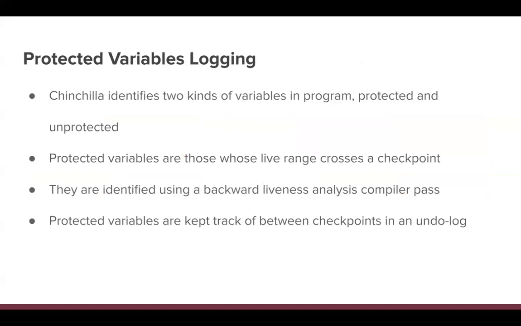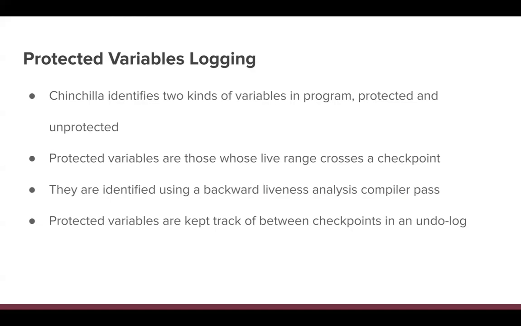Now let's look at what protected variables logging is. Chinchilla identifies two kinds of variables in a program, protected and unprotected. Now, protected variables are those whose live ranges cross a checkpoint. As we have understood, Chinchilla places checkpoints at the basic block level, so there is a checkpoint at the beginning of every block and at the end of every block.